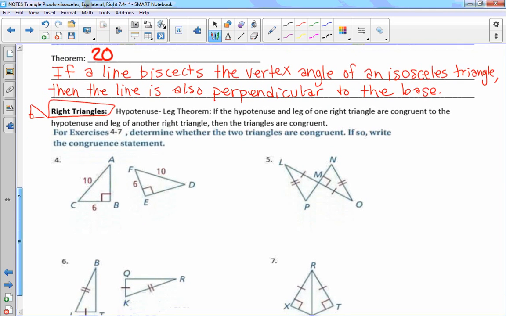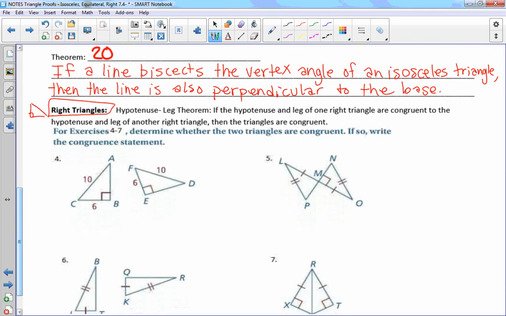So, number 4, first thing, are they both right triangles? How do we know they're both right triangles? They have the square, right? So, right triangle, check. Is the hypotenuse congruent? The hypotenuse, the longest side, is across from the 90-degree angle. Those both are twins.